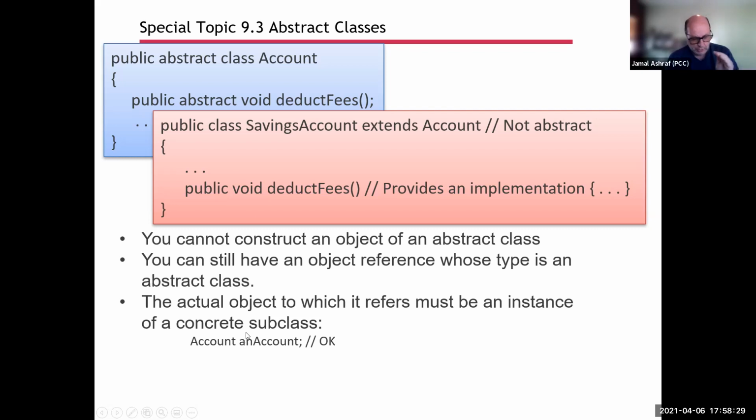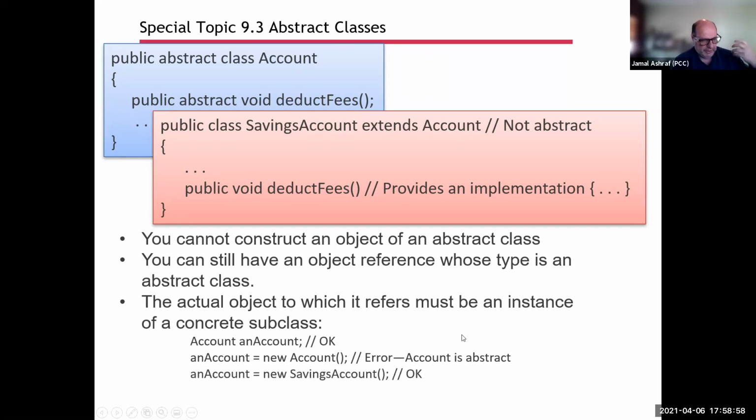When you pay attention to this, I have an abstract type. I am not creating an object. I'm creating a reference. So right now, this reference is pointing to nowhere. It doesn't have anything in it. It's a null pointer. I cannot create a new account. I cannot create an object of my abstract class. But if I create a new saving account, I can put the reference of my saving account into my reference of abstract.